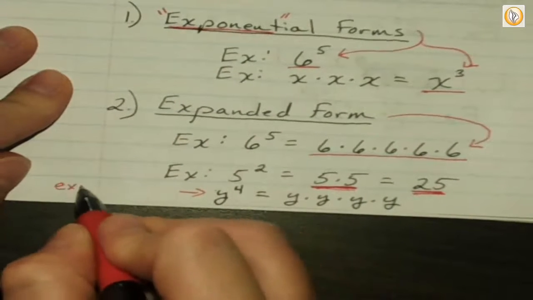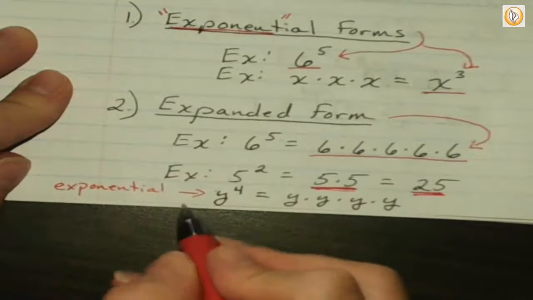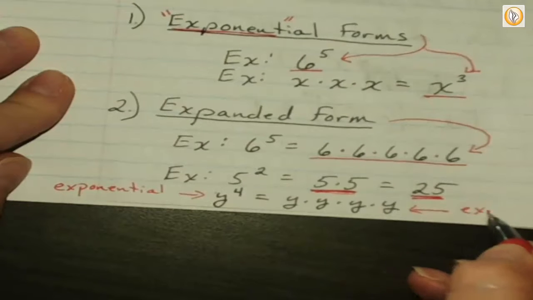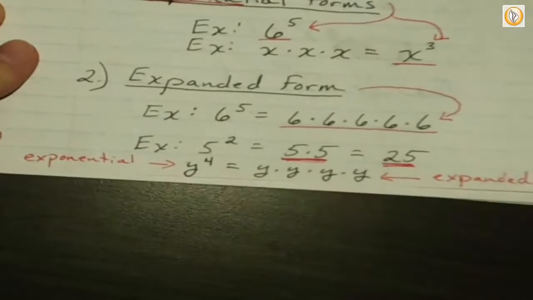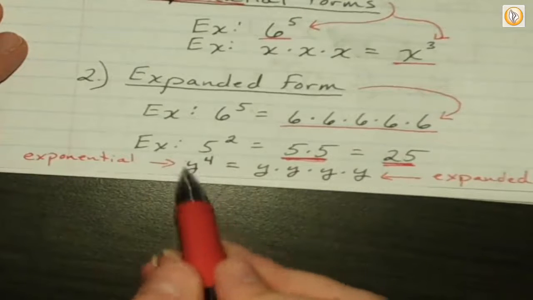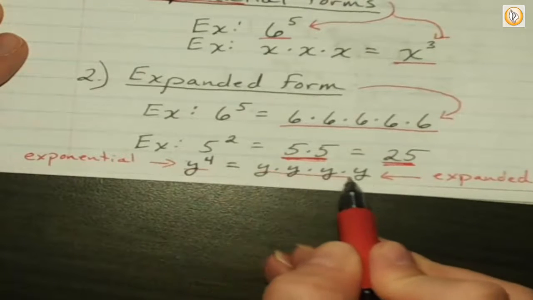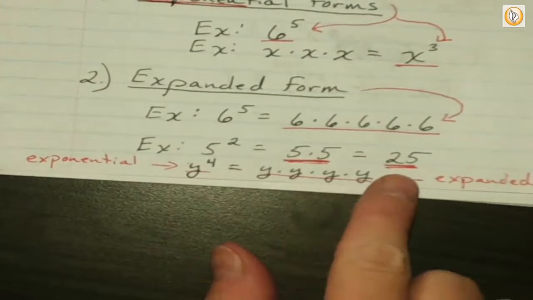Exponential. And this is called expanded. Exponential is this. Expanded is that. Now here we did 5 times 5 gives you 25.